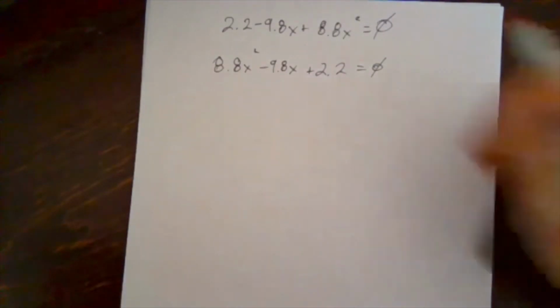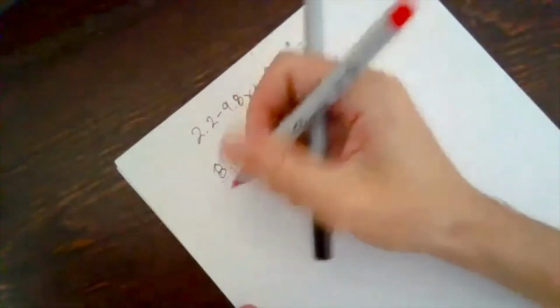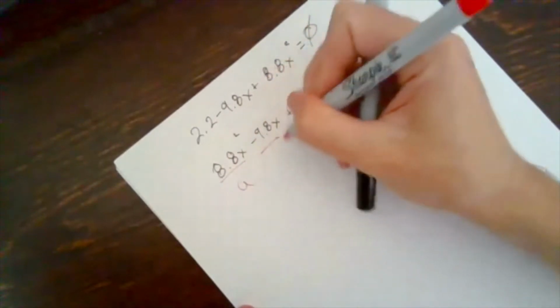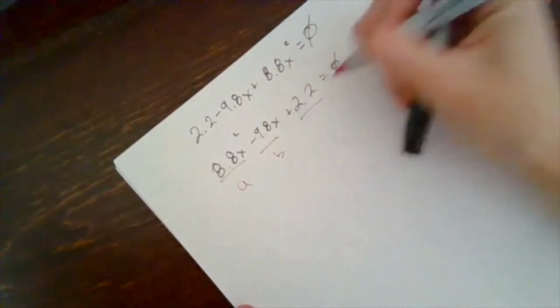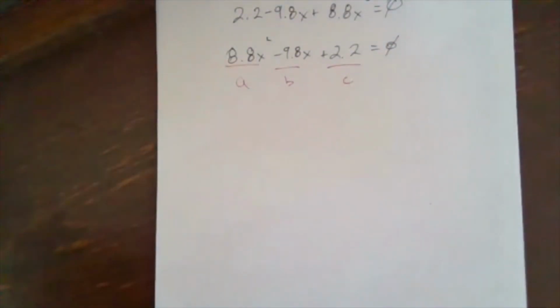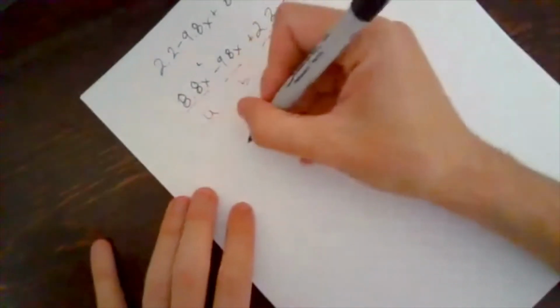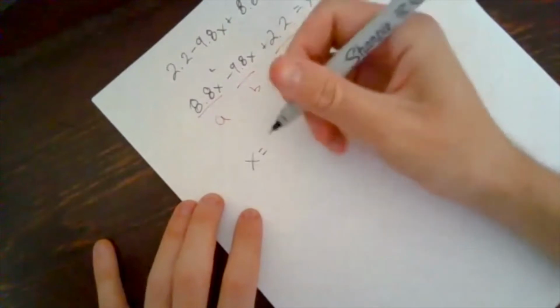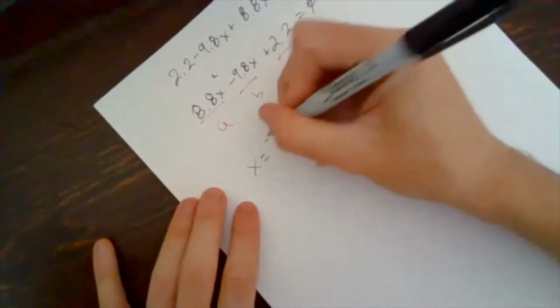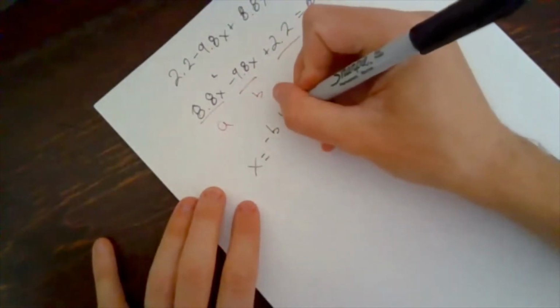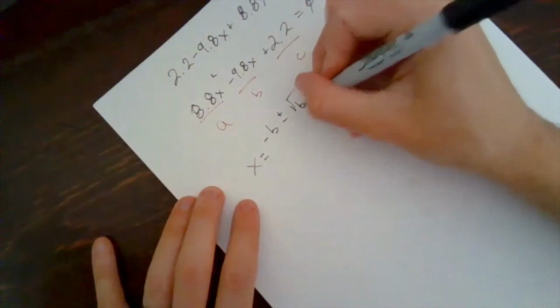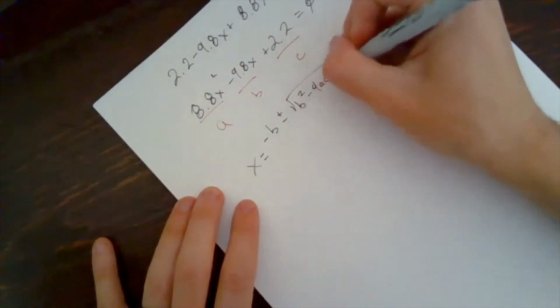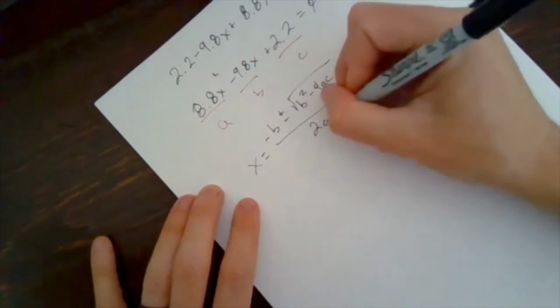What I can see is that this 8.8 I could call A, the negative 9.8 I could call B, and the 2.2 I could call C. If I define those that way, I can use my good friend, the quadratic equation, to solve for the roots: negative B plus or minus the square root of B squared minus 4AC, all over 2A.